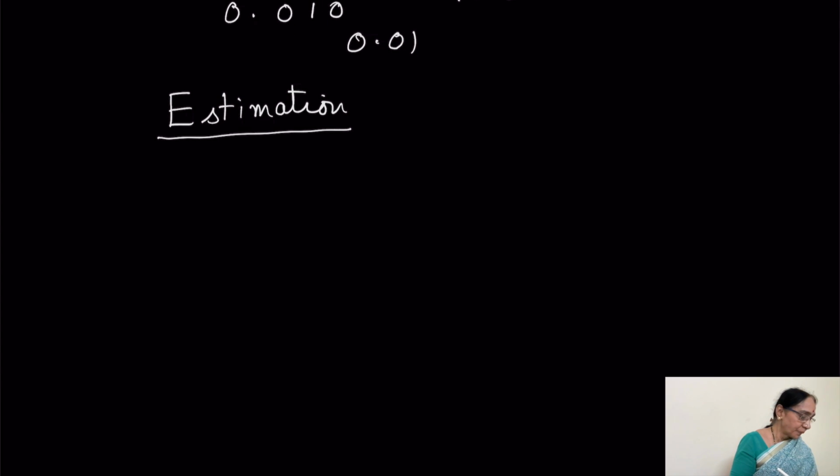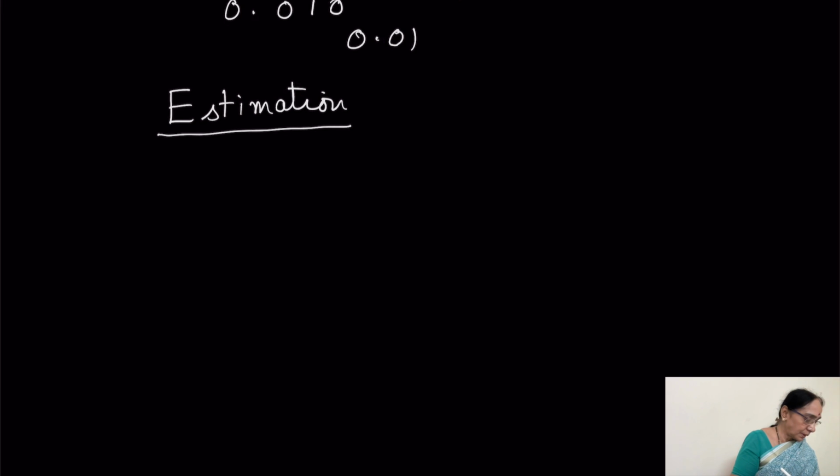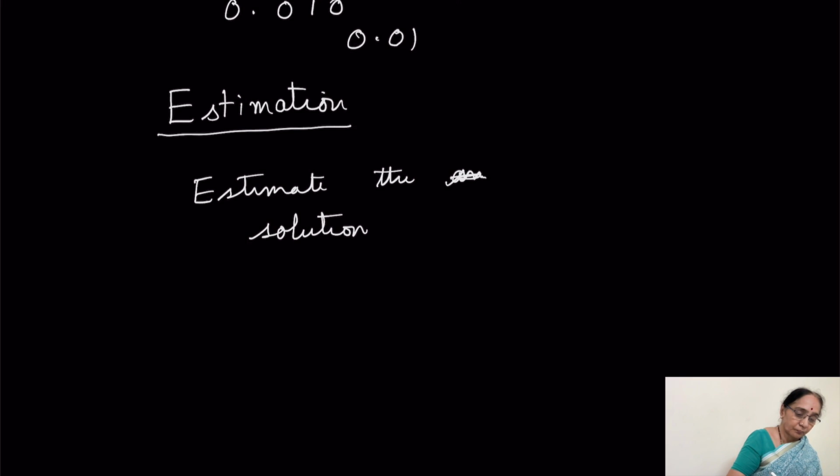If you want to estimate this answer: 6,388 divided by 31.